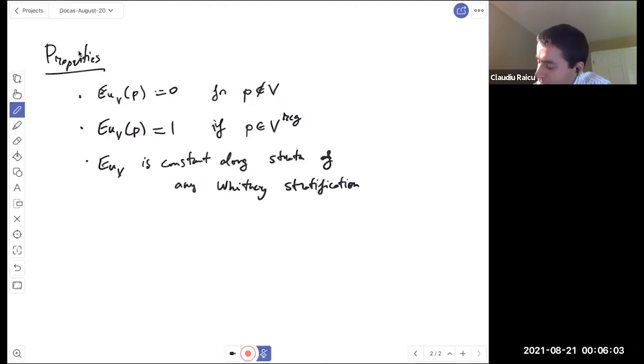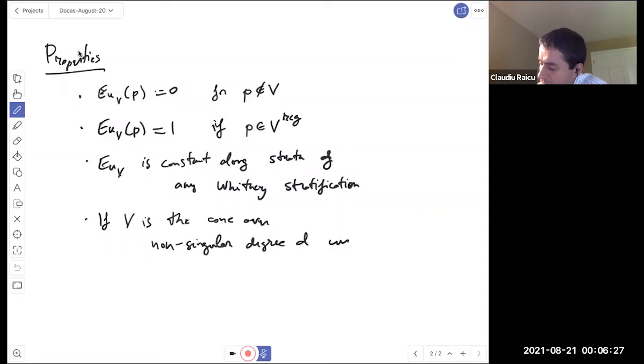And just for a very concrete example, let's take V to be the affine cone over a non-singular plane curve of degree d, a curve in P2.